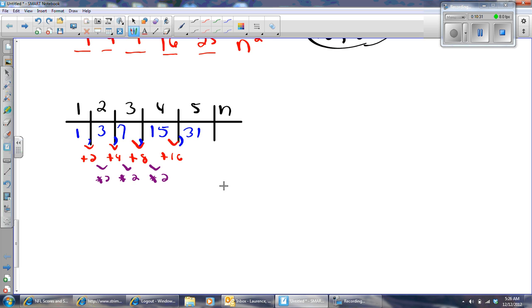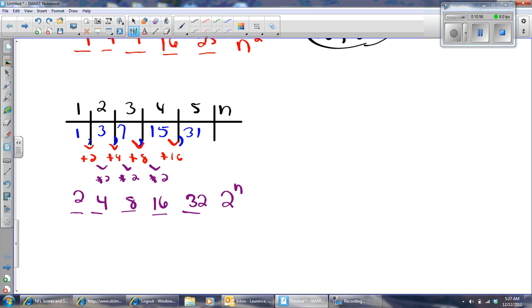So that means the pattern is going to be something like 2 to the power n. Whenever you have them doubling, it's going to be 2 to the power n. If the differences are tripling, it'd be 3 to the power n, etc. So 2 to the first, 2 to the second, 2 to the third, 2 to the fourth, and 2 to the fifth.